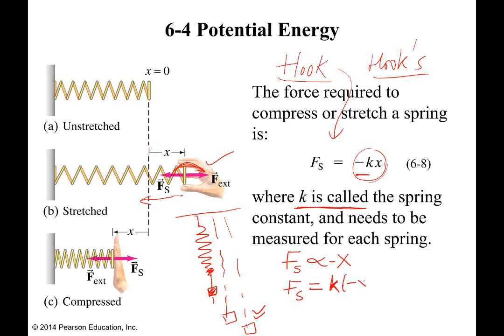This is a constant for a certain type of spring. Every spring has its own value of k, so it's called the spring constant. If I have a spring of a certain rigidity, it represents the rigidness of the spring.